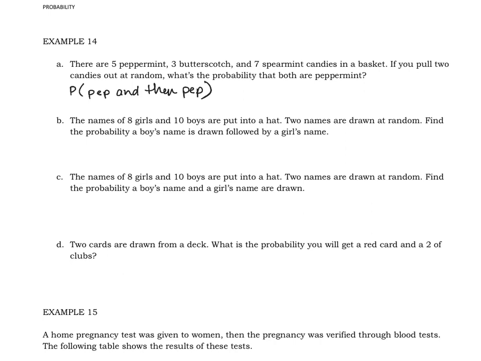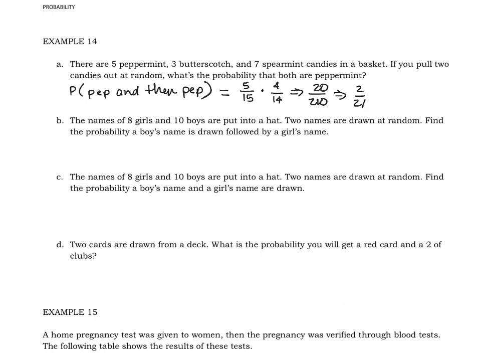So in this case, the order really wouldn't matter, right? So to get that probability, there are 5 peppermints out of a total of 15. 1 is missing, so now there's only 4 peppermints and 14 candies total. Multiplying across, that gives us 20 over 210, which yields 2 over 21.